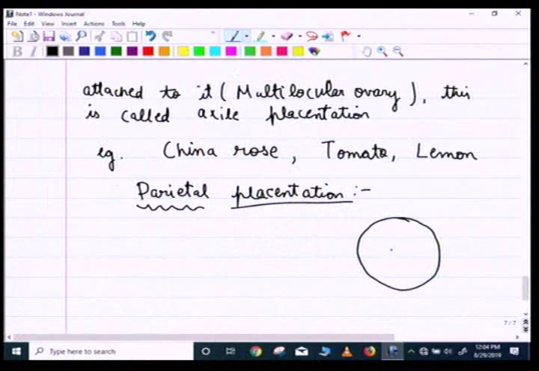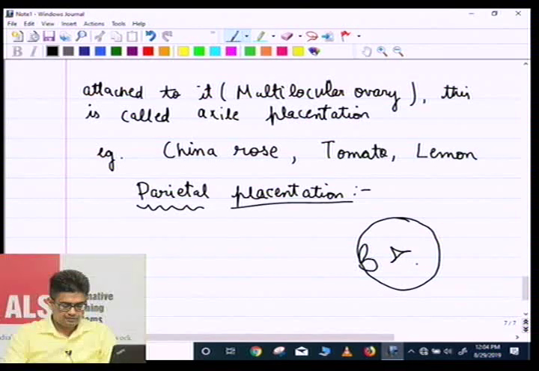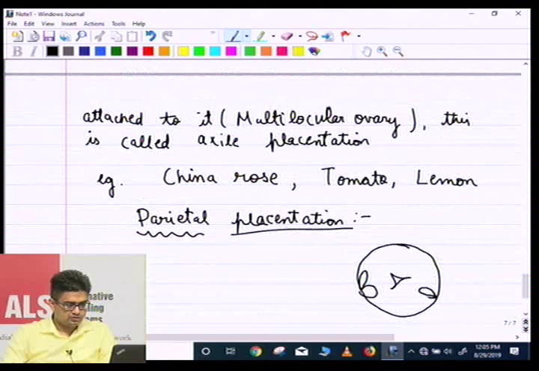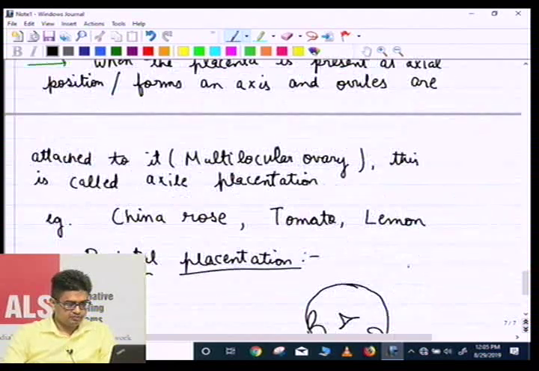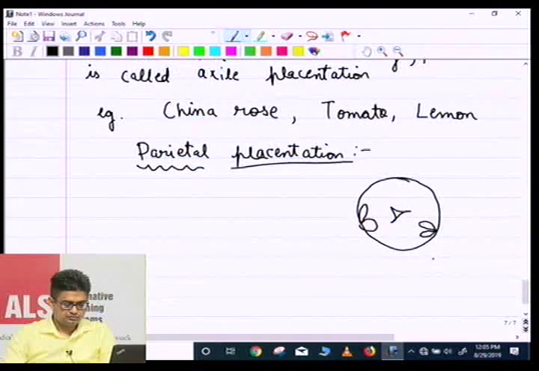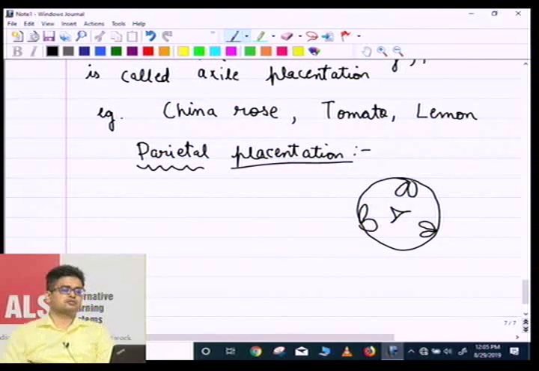Three carpels fusing together, and now the ovules are present on the margin, like this.